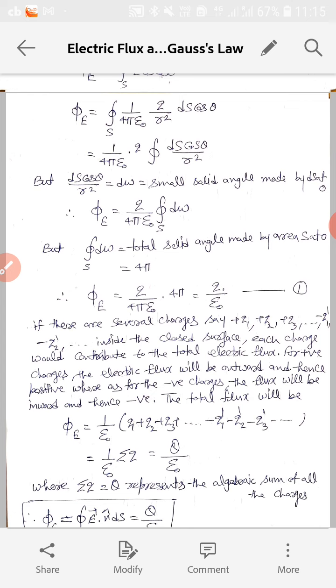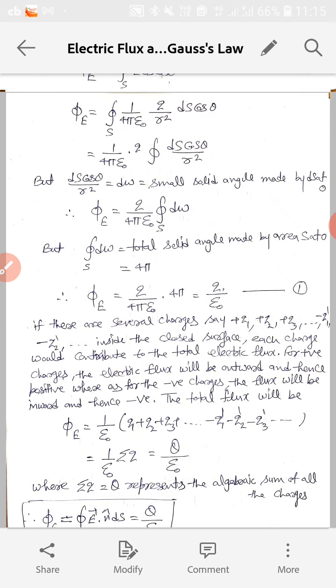Each charge would contribute to the total electric flux. For positive charges, electric flux, as we already know, will be in the outward direction, and for negative charges, the flux will be in the inward direction. The total flux will be the summation of all these, the net flux.